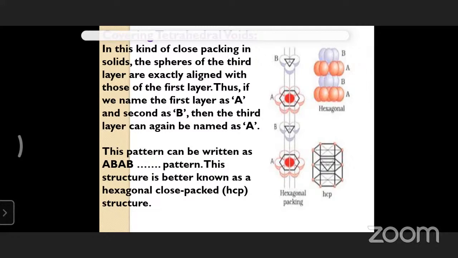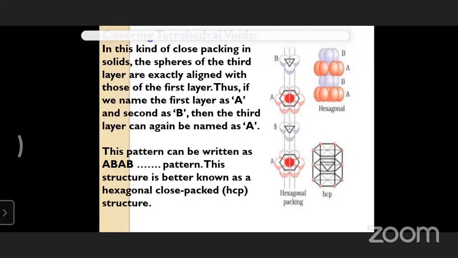One dimensional coordination, two dimensional coordination 4 and 6 came, and in three dimensional we are going to get voids. Those are empty spaces which can be covered, and that is nothing but covering of voids.